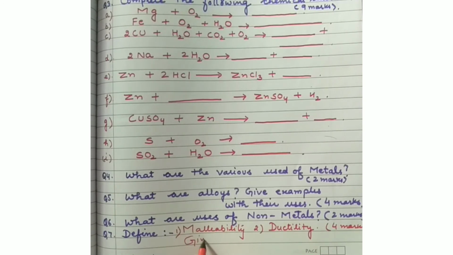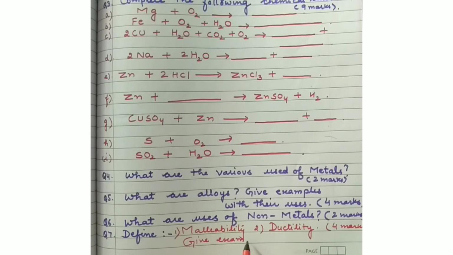This question is of 4 marks. Give examples also. Very important question. You must know what is malleability, what is ductility, and also give examples of both these terms.